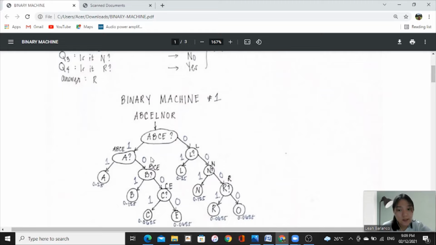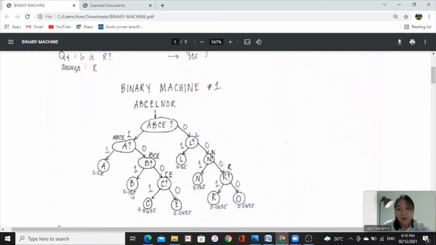And if it is false, it will ask if it is B. And if it is true, then B would have a probability of 0.125. And if it is false, then it will ask about C. And if the value is C, then the probability would be 0.0625 and so on.